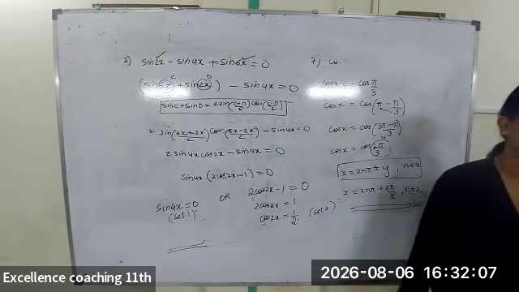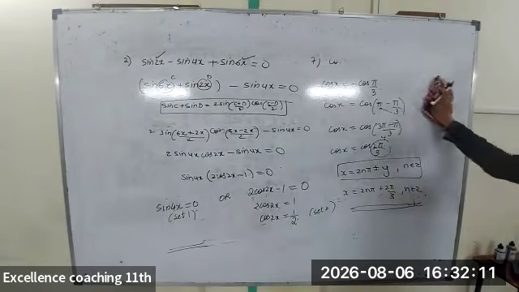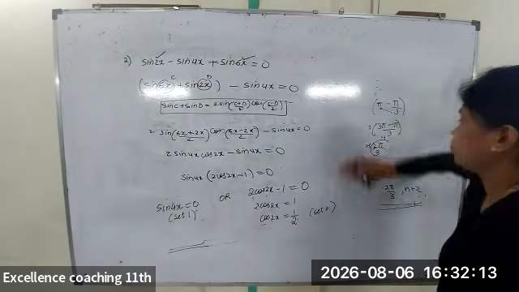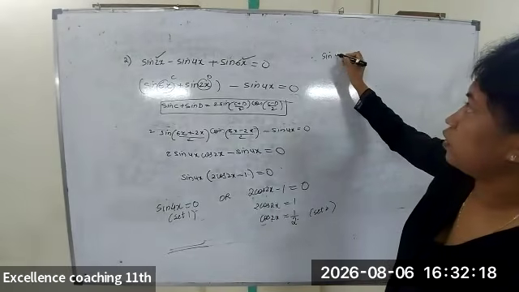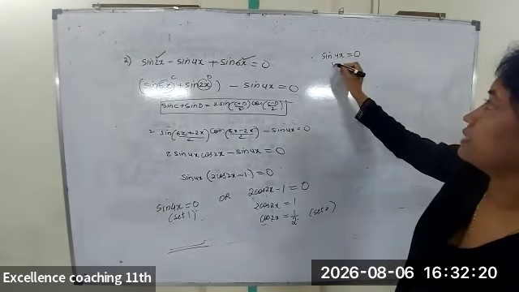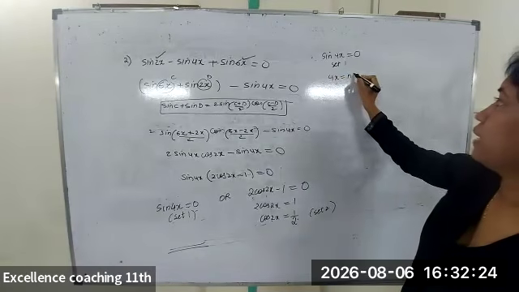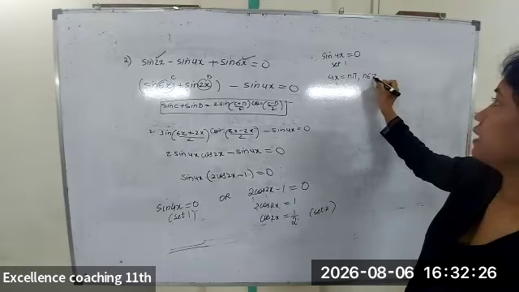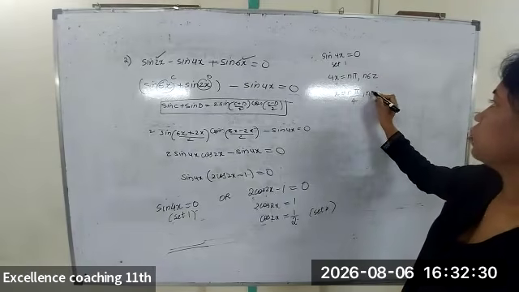Example, cos. Sine 4x equals to 0 and so on. So this is set 1. So 4x equals to n pi, and n belongs to Z. So this is your first one.